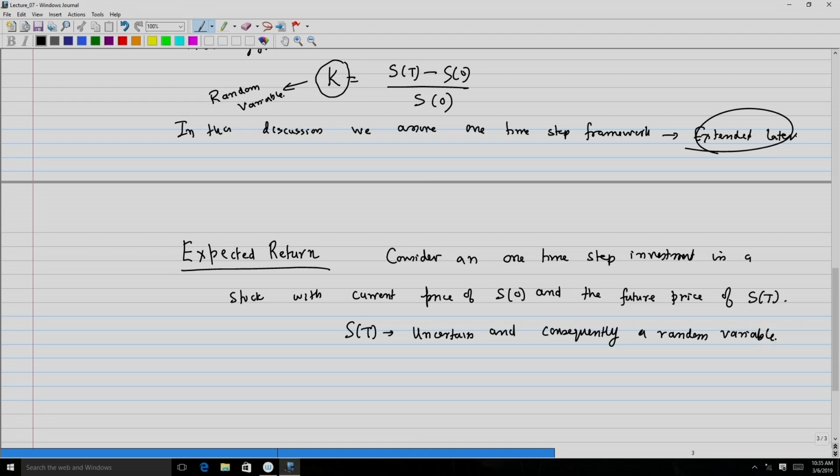And what is a random variable? The random variable S of t is going to be a real valued function from omega to 0 plus infinity, where omega is the probability space.